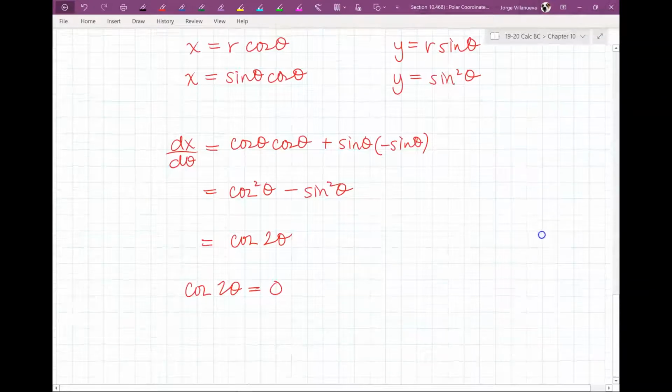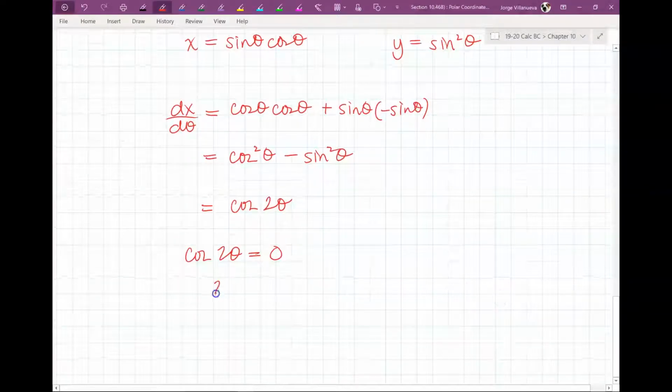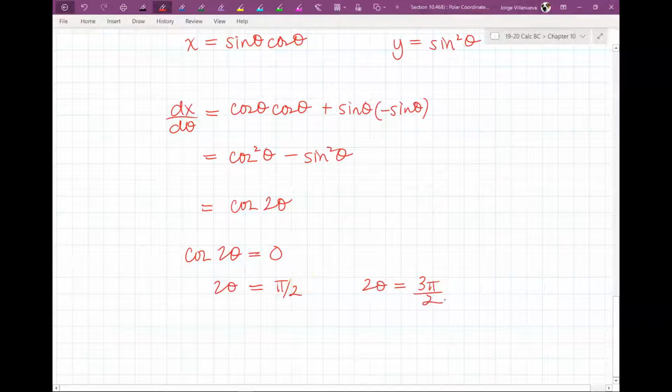So let's solve for this. Cosine of 2 theta equal to 0. Well, cosine of an angle equals 0 when that angle is 90 degrees, or 270 degrees. So 2 theta has to be pi over 2, or 2 theta has to be 3 pi over 2.